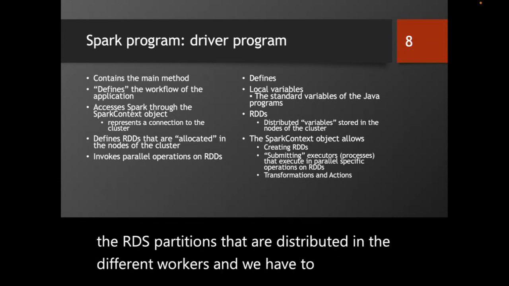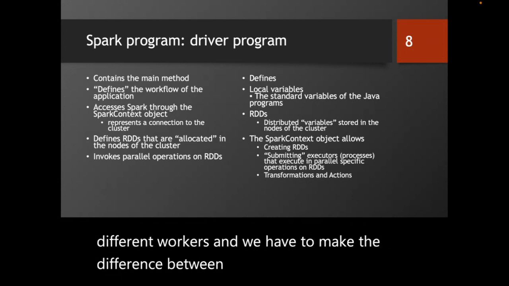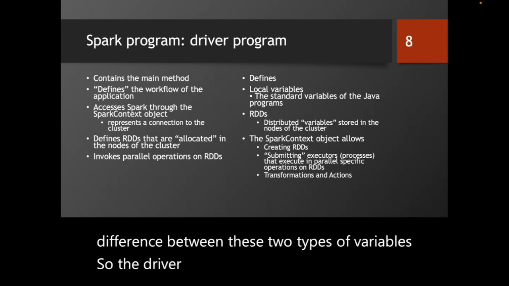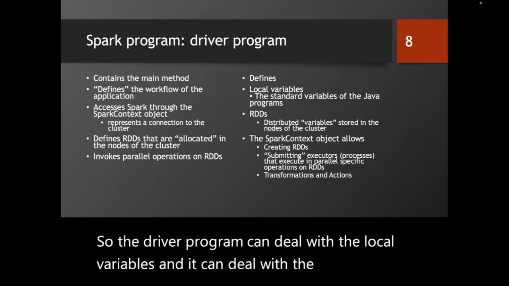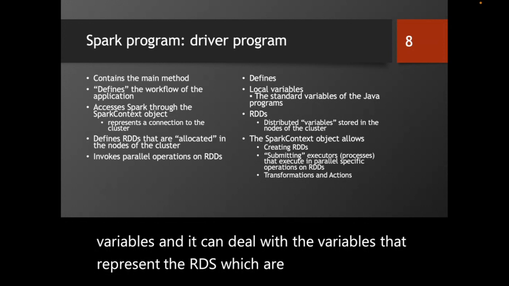We have to make the difference between these two types of variables. So the driver program can deal with the local variables, and it can deal with the variables that represent the RDDs which are distributed across the cluster.